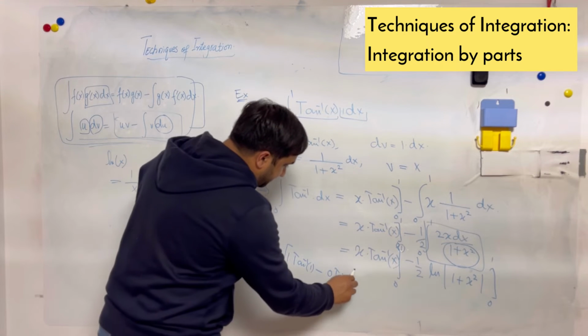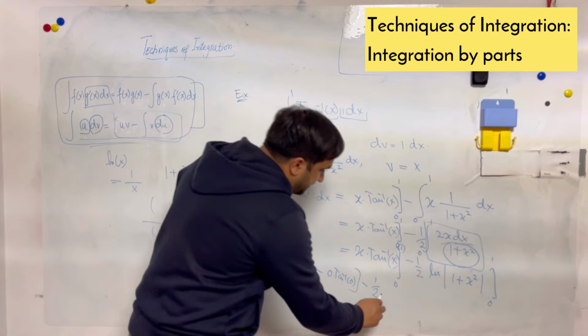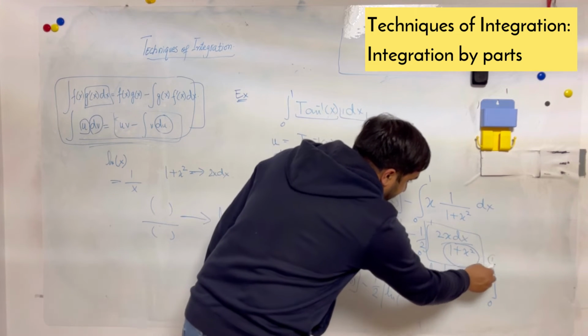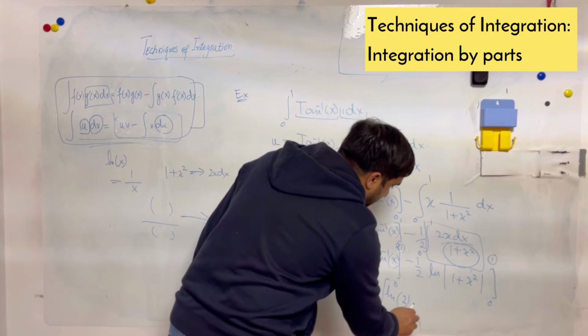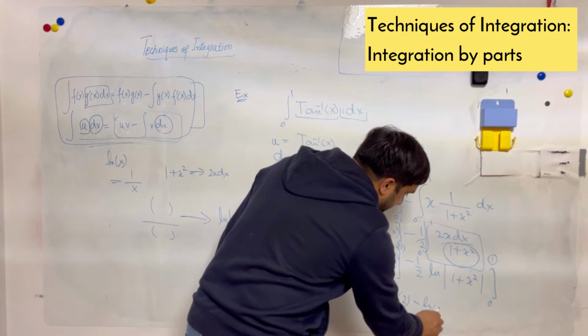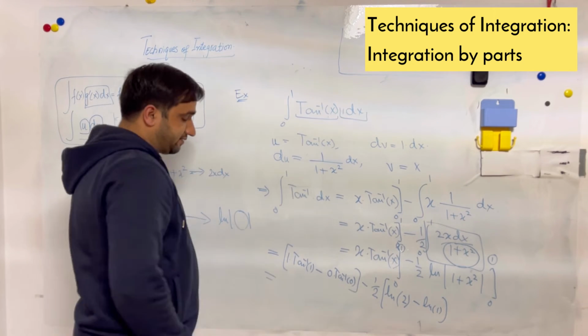This is the first part, minus 1 by 2 ln of, upper limit is 1, so 1 plus 1 square, ln of 2, minus, lower limit is 0, 1 plus 0, ln of 1. Simplify them and you will get the answer.